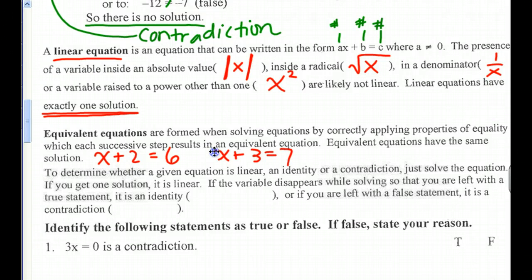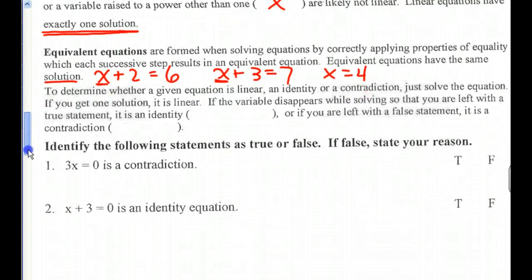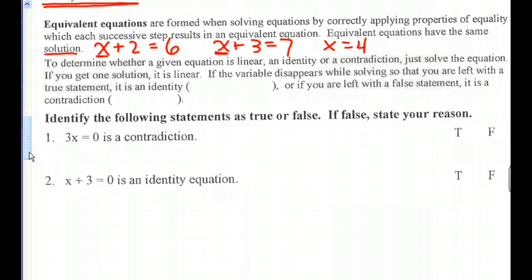These are equivalent equations because the solution to both of these is x equals 4. They have the same solution, so they're equivalent equations. To determine whether a given equation is linear, an identity, or a contradiction, just solve the equation. If you get one solution, it's linear.